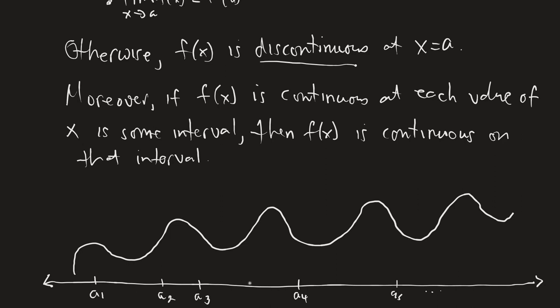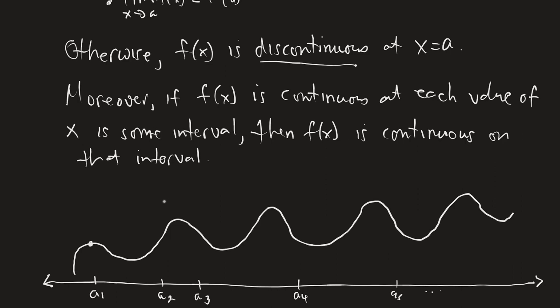So at all these different values of x, we can see the same thing. If I pick a point here, then I could say, yeah, the limit from the left and the limit from the right, and then the function value are the same, right? And that's true for every point on a graph like this. So that's what this extension of the definition is saying: the concept of continuity can be extended to not just one point, but to a whole set of points on an interval, right?